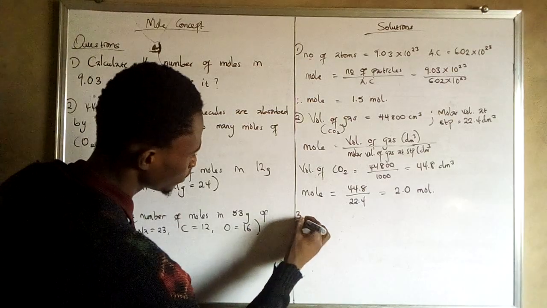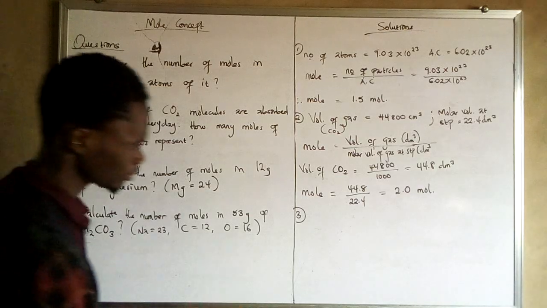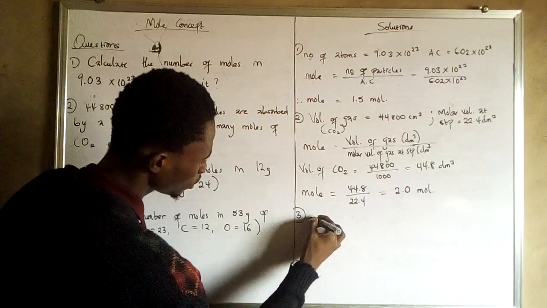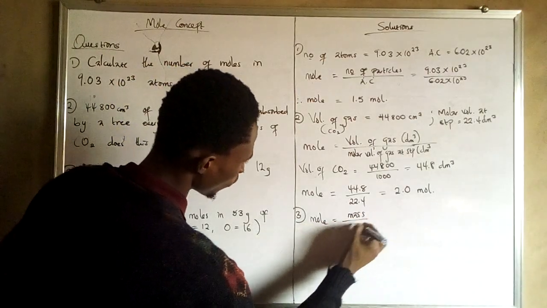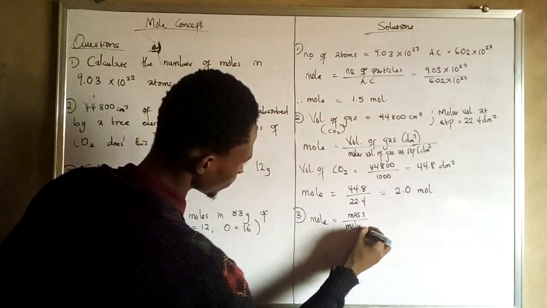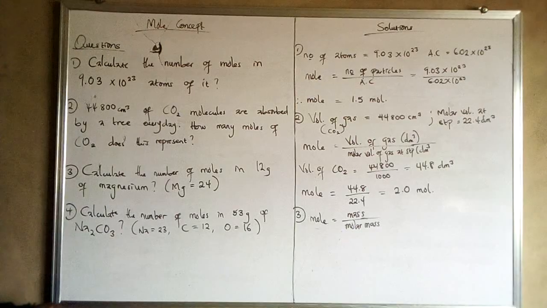Now, number 3, here the question says, calculate the number of moles in 12 grams of magnesium. Here, I will be using the third method I explained in the last video, which is mole is equal to mass over molar mass.